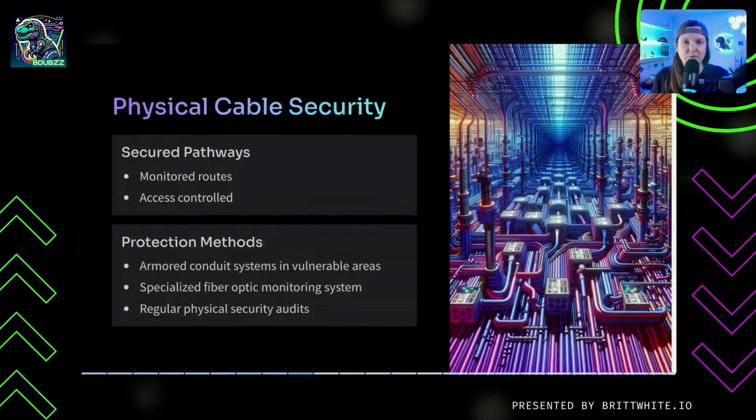For our fiber optic infrastructure, we utilize specialized monitoring systems that can detect even the slightest attempts at cable manipulation or tapping. To maintain this security posture, we conduct regular physical security audits of all cable pathways, ensuring our protective measures remain effective in identifying any potential vulnerabilities before they can be exploited.